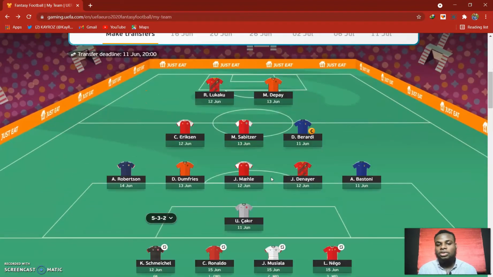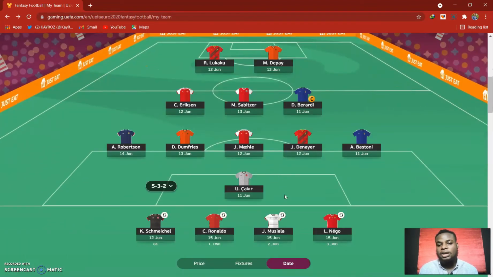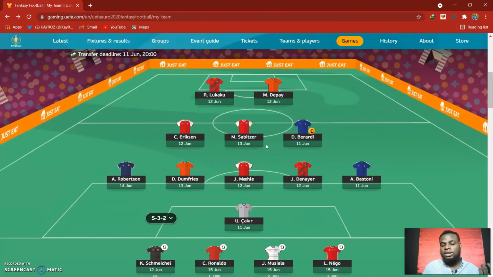And I also mentioned that I was going to use my limitless chip in match day 2, which also makes me select these players. These players I selected now, it's just because I look at them having a good match day 1 and match day 3 in the group stage. And match day 2, I can always use the limitless chip where I have unlimited transfers and unlimited price choices.